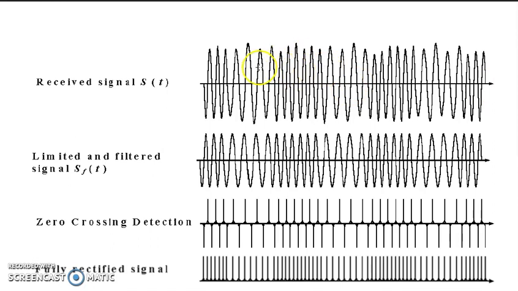Here, this is the received signal which is incoming to the limiter. And what the limiter is performing is that the uneven amplitude of the received signal is eliminated, and the limiter gives the output as a constant magnitude frequency modulated signal.